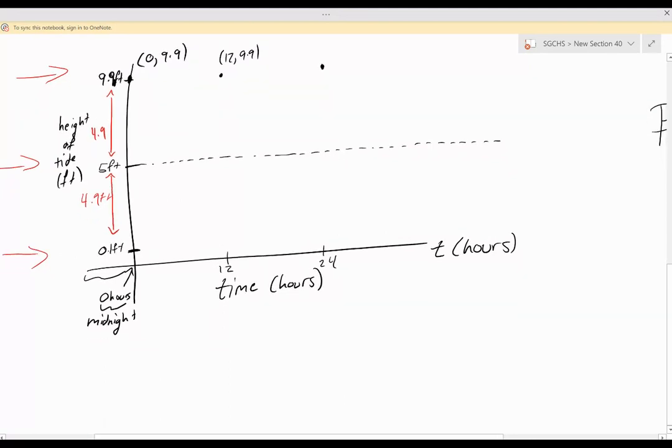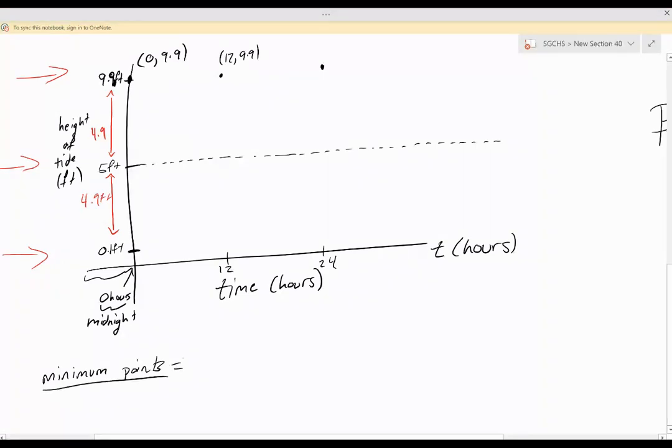Something really useful to understand is midpoints, minimum points, are directly in the middle of two adjacent max points.